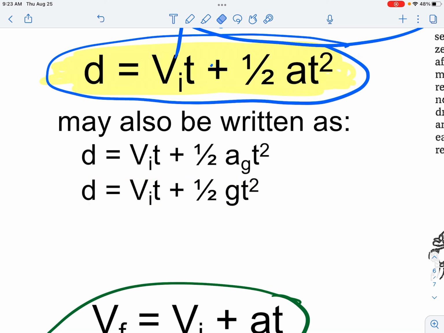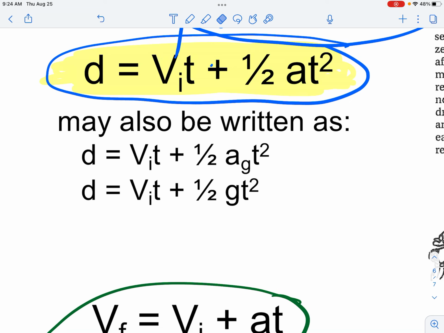In our class, I am not going to write a g on the board. I'm not going to give you two different versions of the equation because there are going to be times where I use this equation and a is -9.8. And then there's going to be other times where I use this equation and a is 0. And maybe other times where I use this equation and a is 2.15.